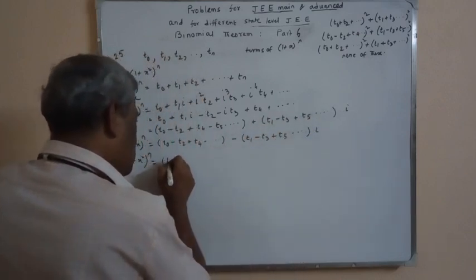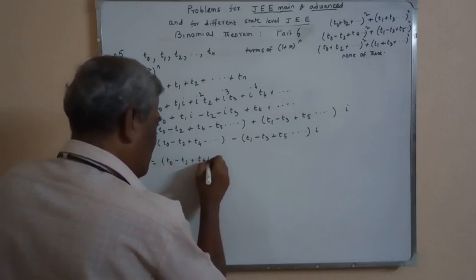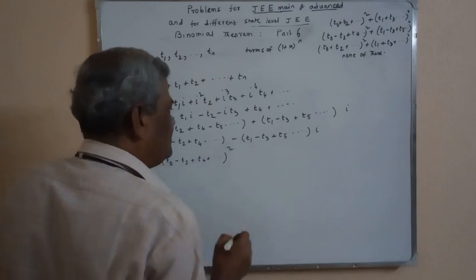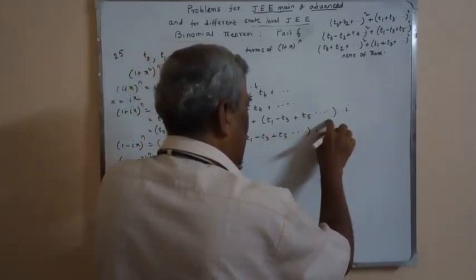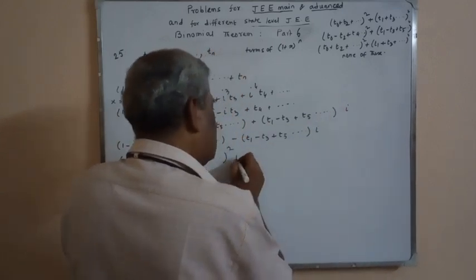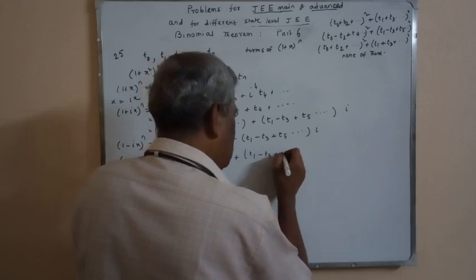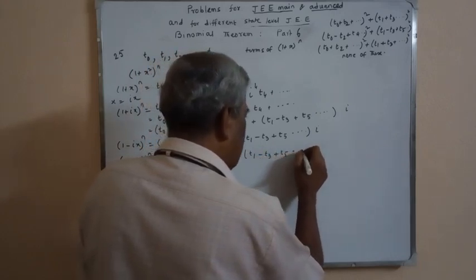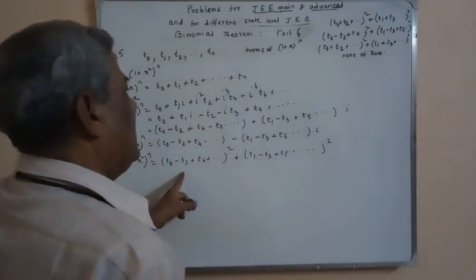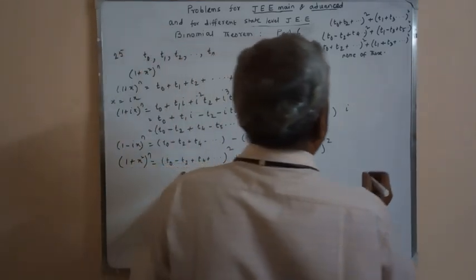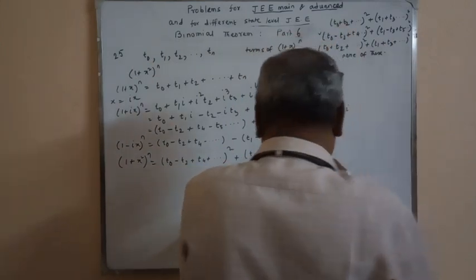That is (T0 minus T2 plus T4) whole square and minus i square into this square. Minus i square is plus. So it is (T1 minus T3 plus T5 minus T7) whole square. So this is equal to that. And in that case, we see option B is correct. So this option is correct.